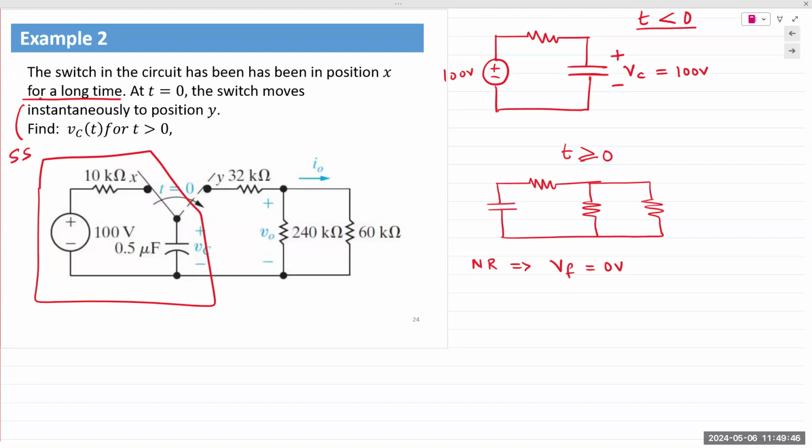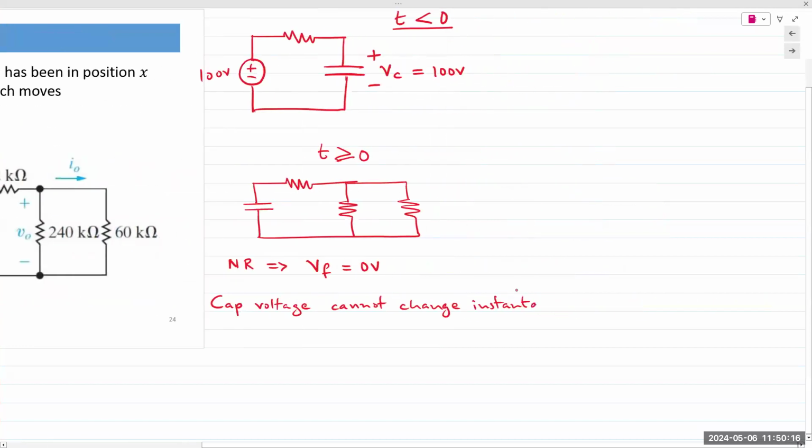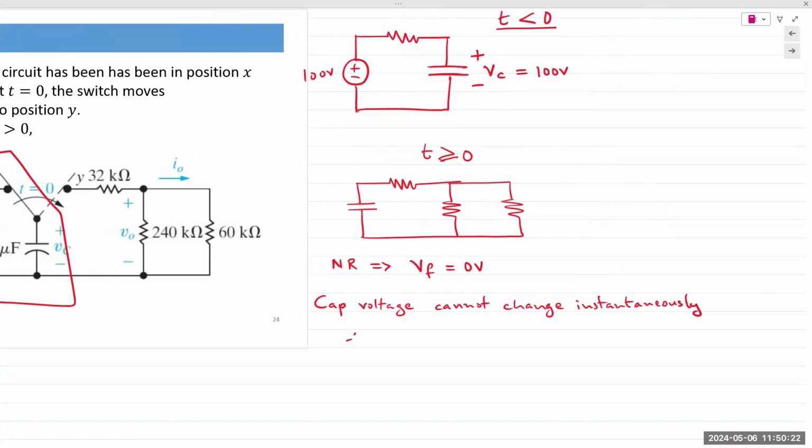So the voltage in the second circuit, meaning after the switch is flipped, is exactly the same as the voltage in the first circuit, which was before the switch is flipped, which is 100 volts. Therefore, V0 is 100 volts.